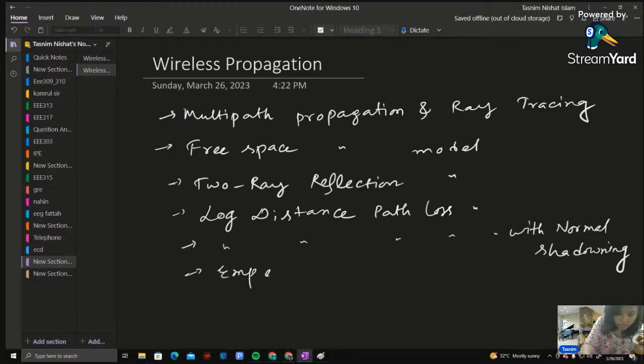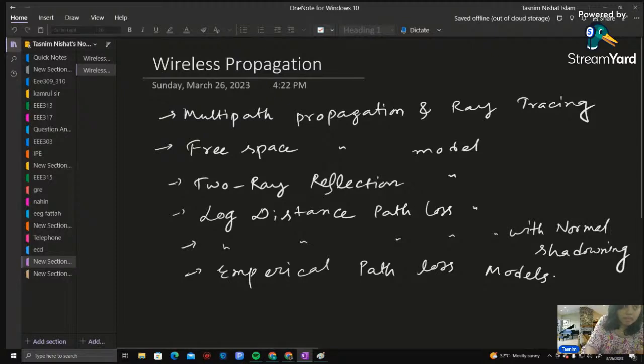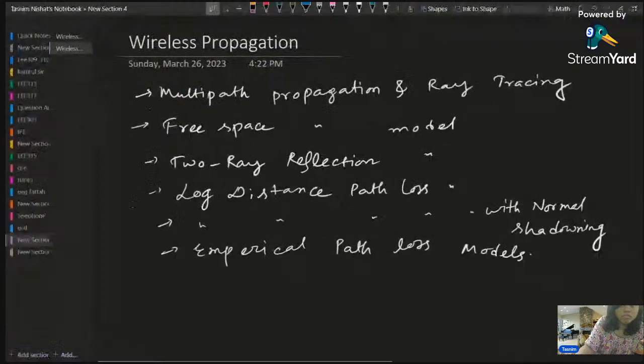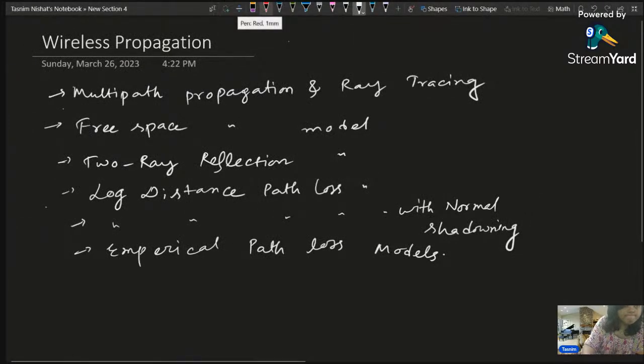Then we have empirical path loss models. So these all are large-scale models.